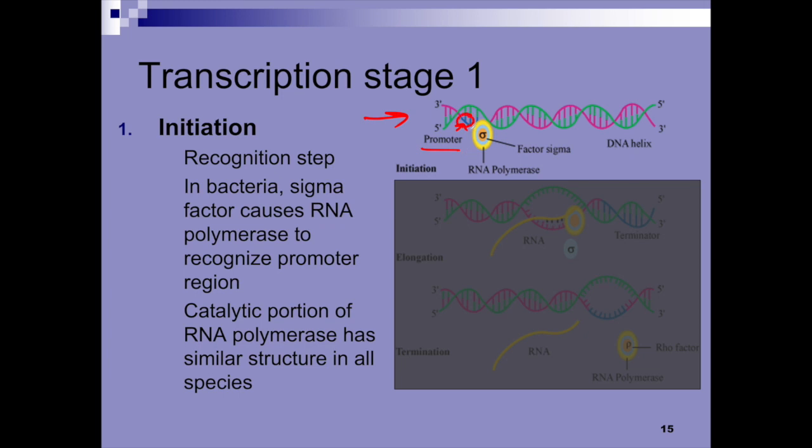All of these proteins congregate right at the edge of that promoter sequence in order for RNA polymerase, this large yellow bubble here, to be activated and begin the transcription process. RNA polymerase, by the way, is structurally very similar to DNA polymerase.